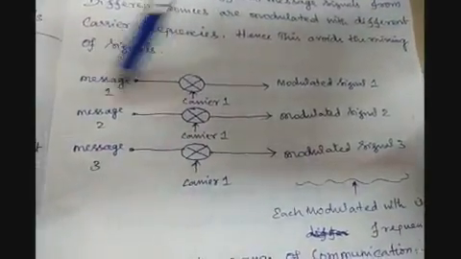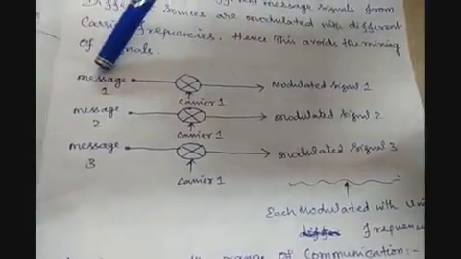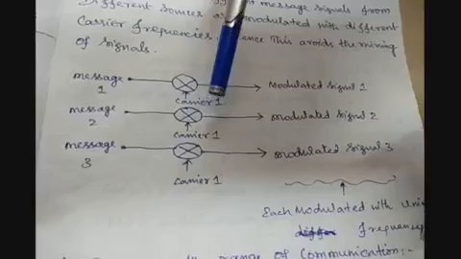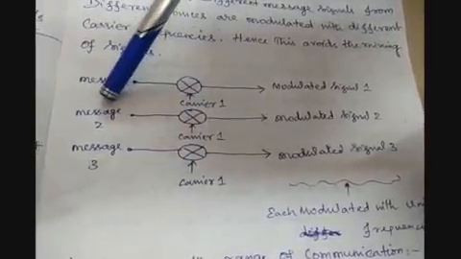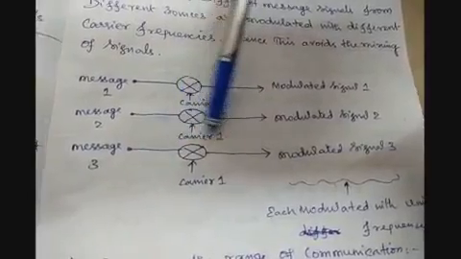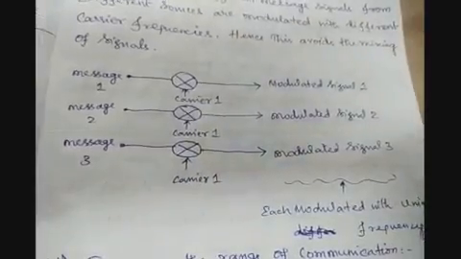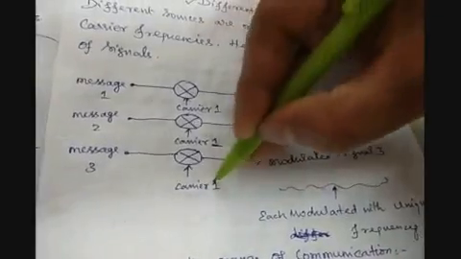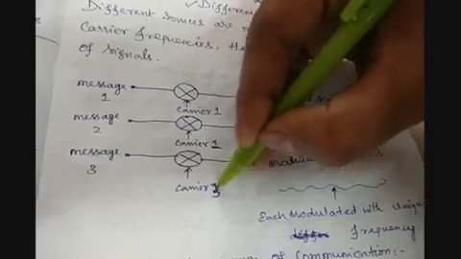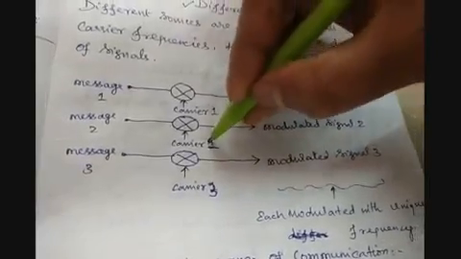Message 1 is mixed with this unique carrier, the second message is mixed with the second carrier, and the third with this carrier. This is carrier 2 and this is carrier frequency 3. All are unique and different.